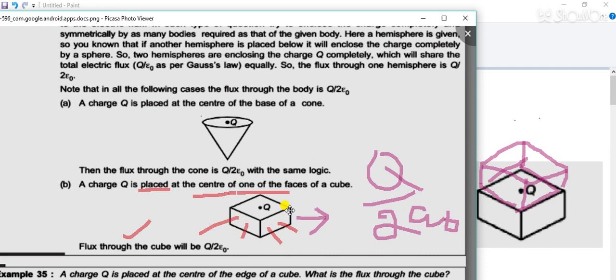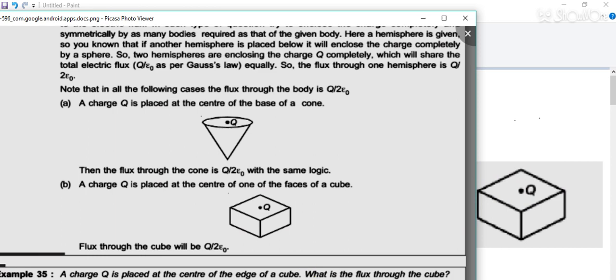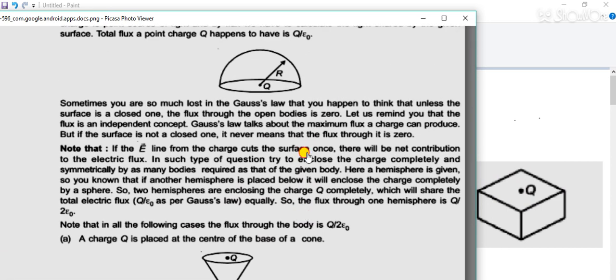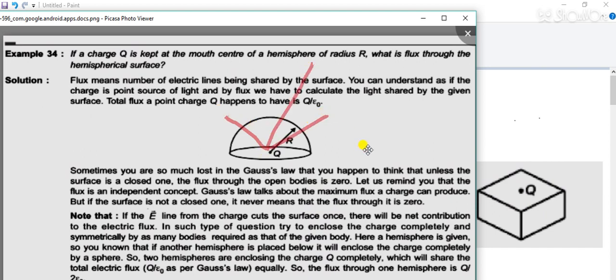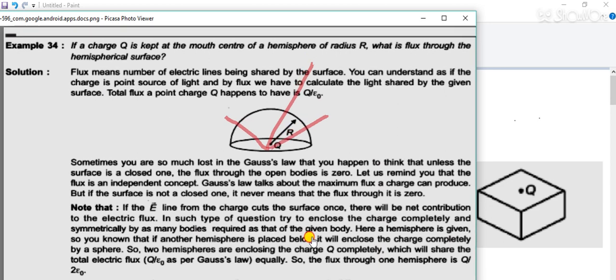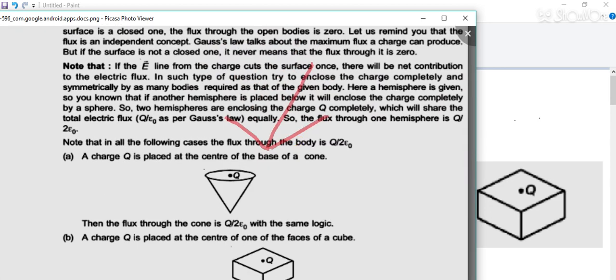We have not discussed the flux that is coming from one face. So we are discussing question number 34, and till now we have discussed the flux that is coming outward from this hemisphere, or outward from this cube, this cone. This cone means like this way.